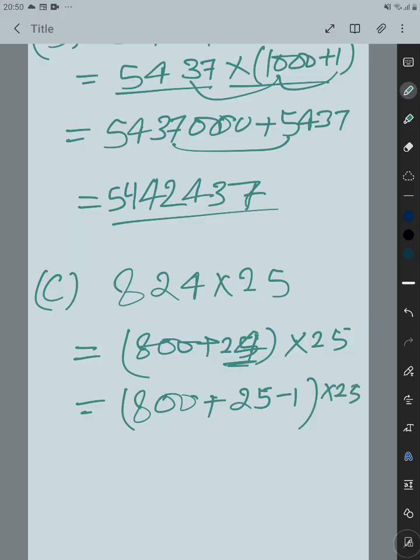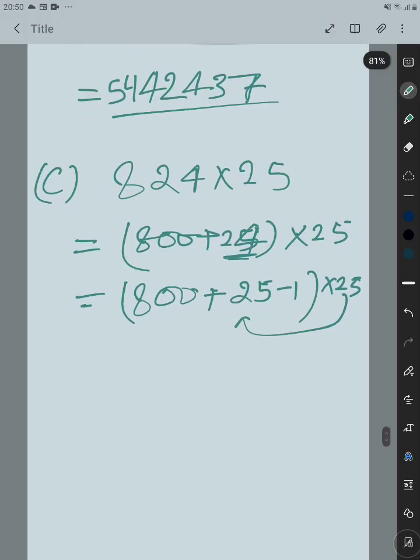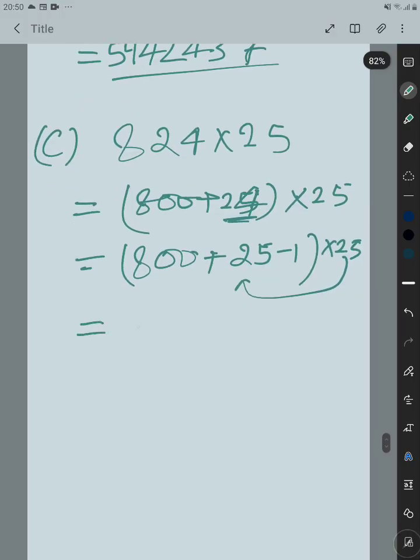Now the 25 will come inside and multiply with each one. So it can be written as 800 multiplied by 25, plus 25 multiplied by 25, minus 25.